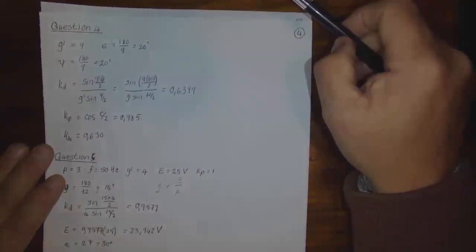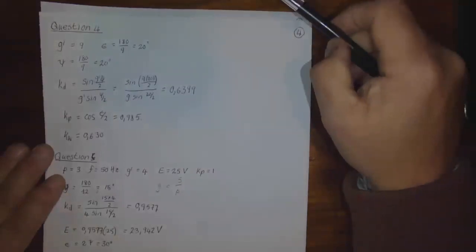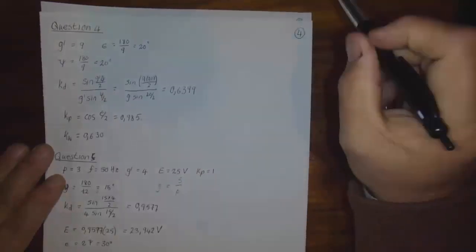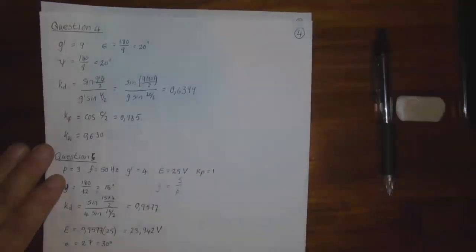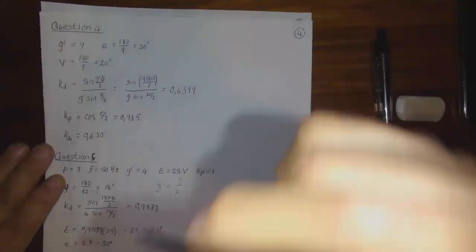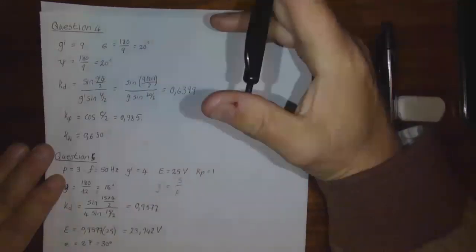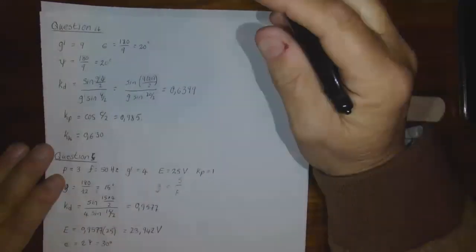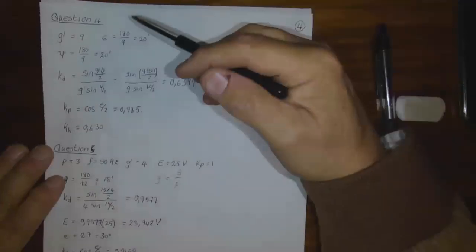Is it a single phase or is it a 3-phase? It's a 3-phase, but the way we are treating it here, if you divide the 180 by 9, it's like we are using single phase now.